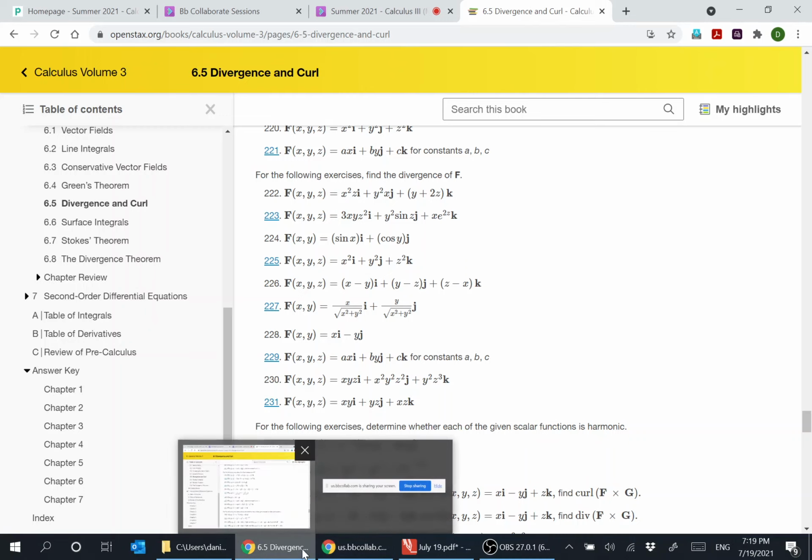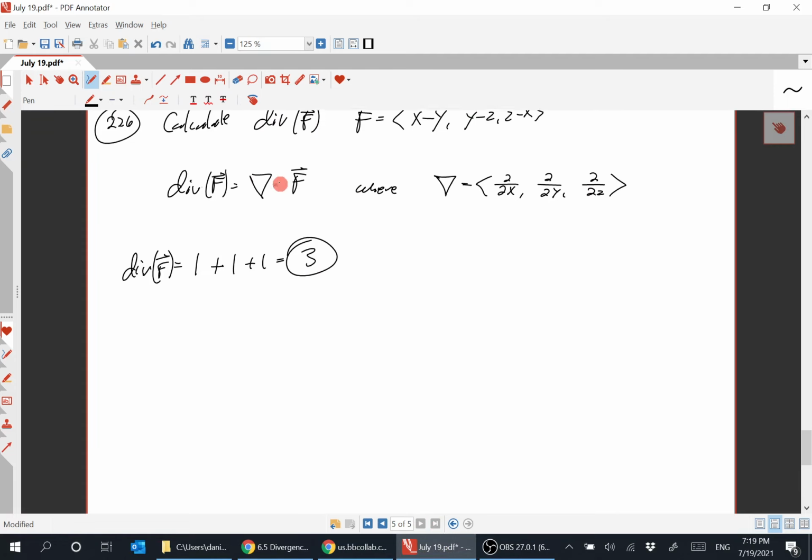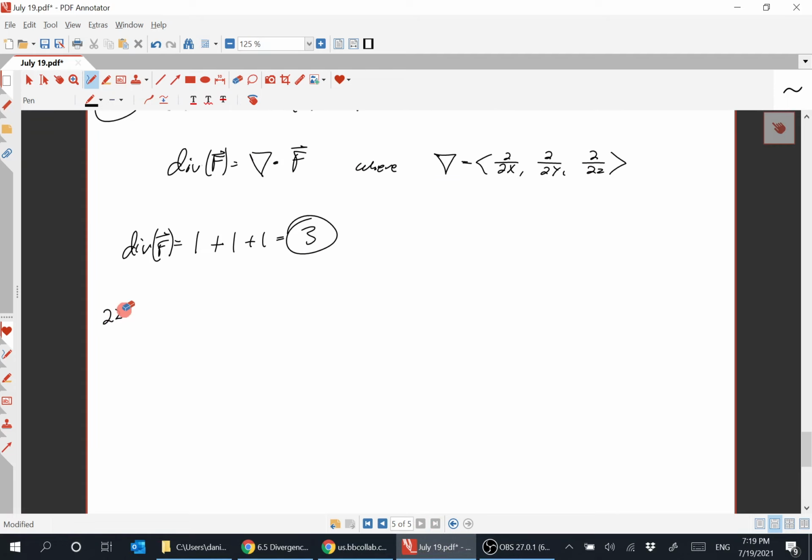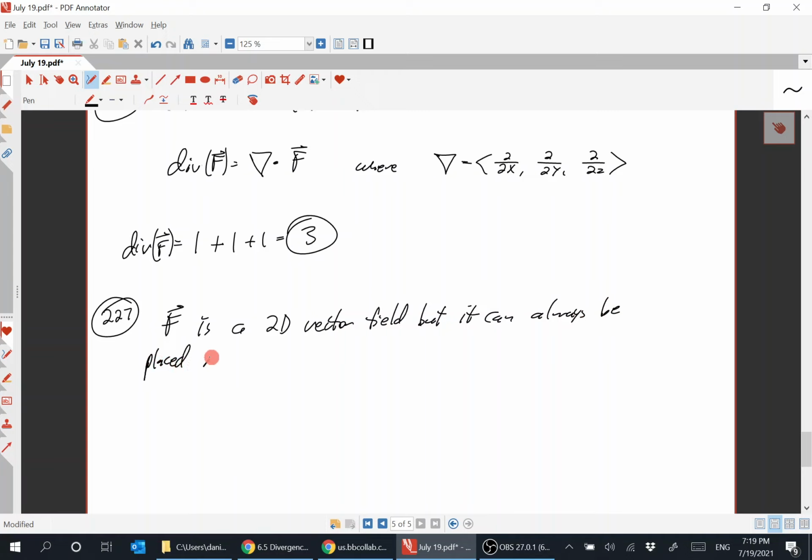Okay, so in 227, all right, F is a 2D vector field, but it can always be placed in 3D by making the third coordinate 0.